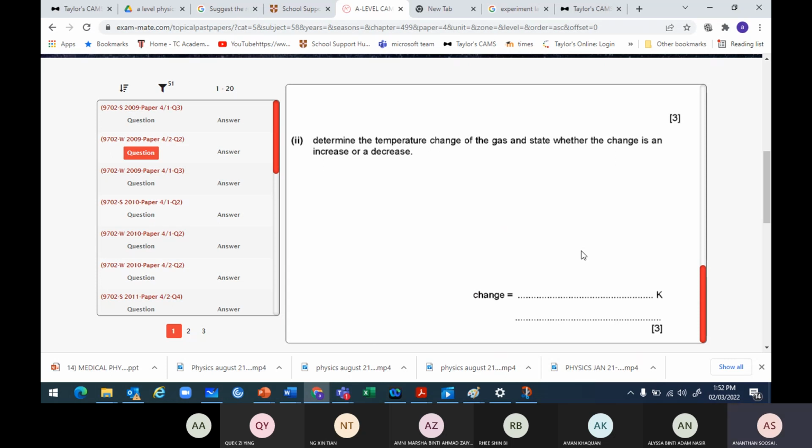PV equals nRT. Can we use that? PV equals nRT, right? Pressure times volume equals n times R, 8.31, times T, the temperature. So if you use initial PV, you get the initial temperature. If you use final PV, you get the final temperature. So you can find the difference, right? Okay, that's one way.